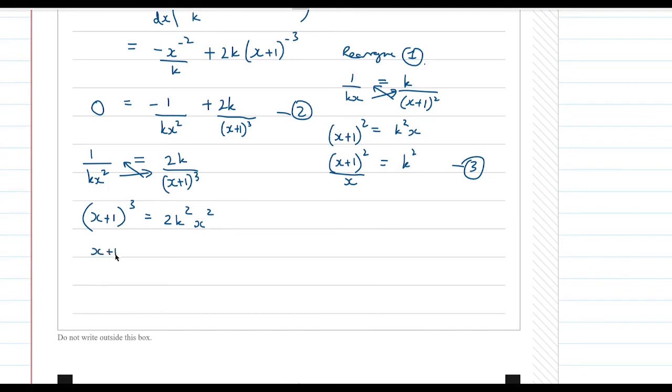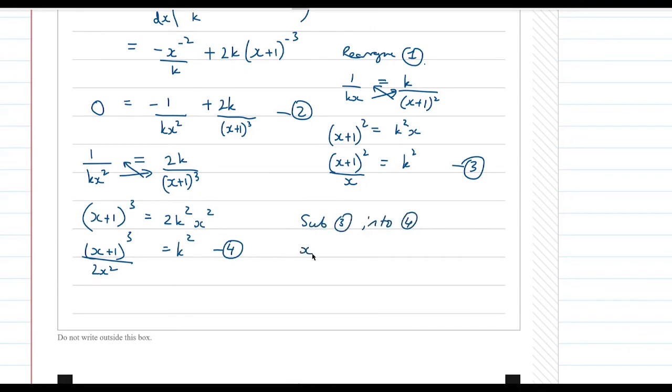So we're going to have x plus 1 cubed over 2x squared equals k squared. Let's call this equation 4. And we know that k squared is actually this, so let's sub equation 3 into 4.